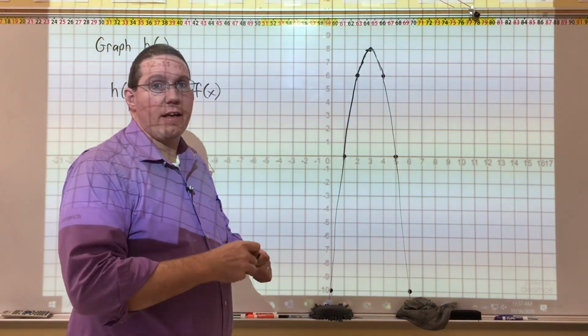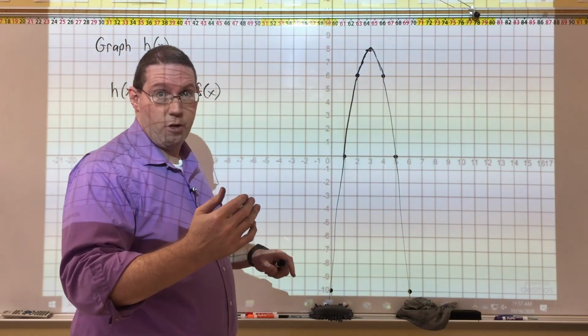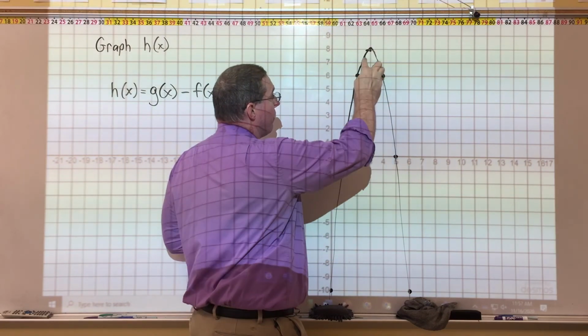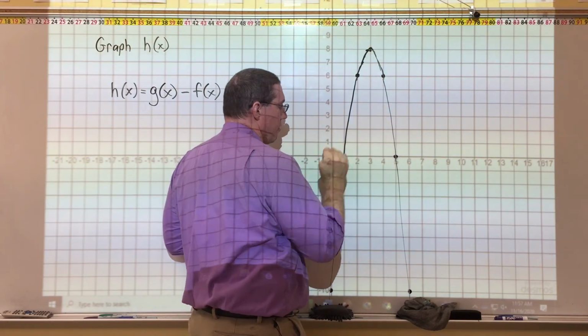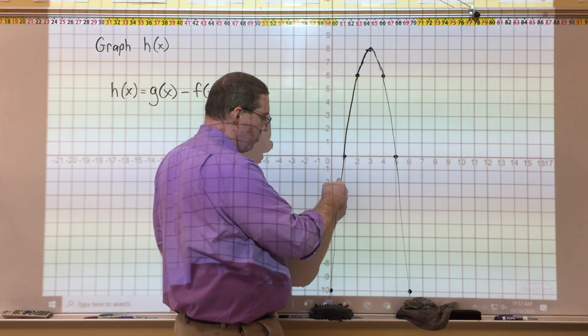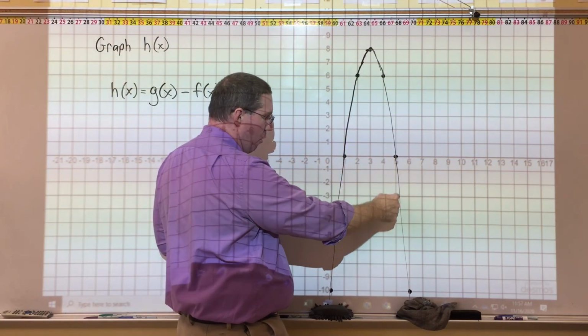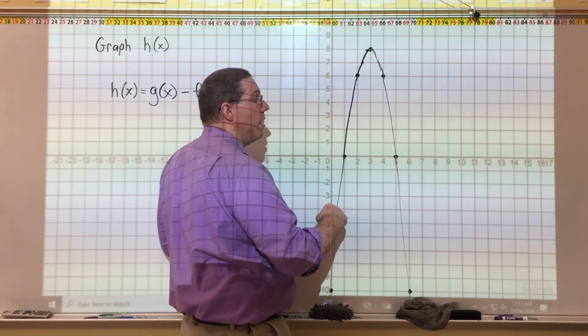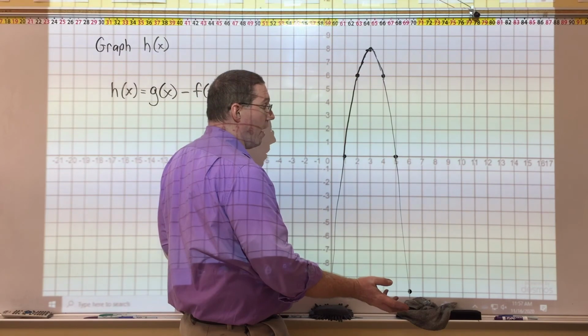And whenever g of x is above f of x, we have a positive difference. That's represented by this region of h of x, which is above the x-axis. But in this region right here, where h of x goes negative, and over here, that's indicating that those are places where f of x is actually above g of x.